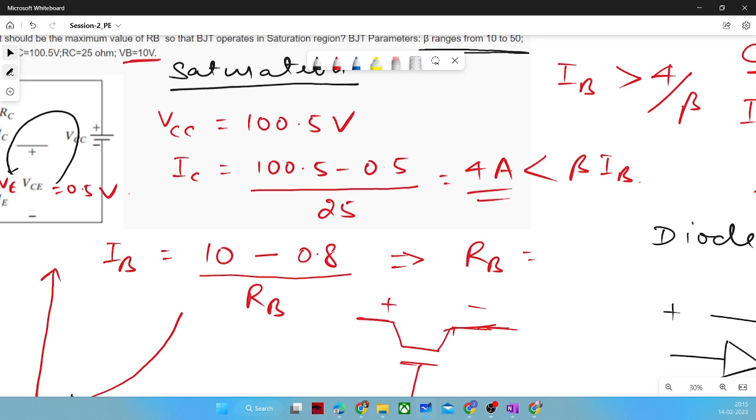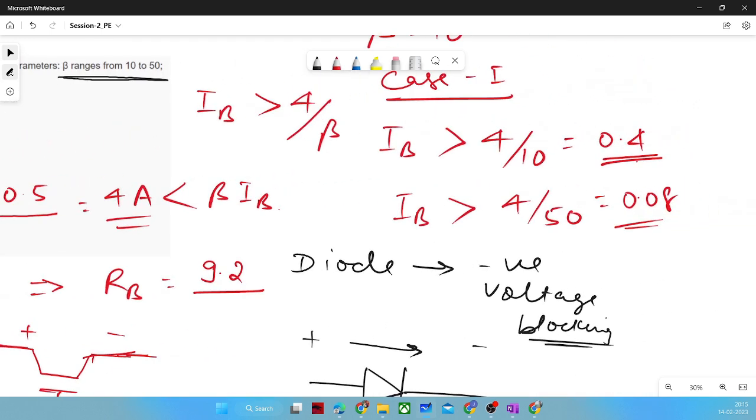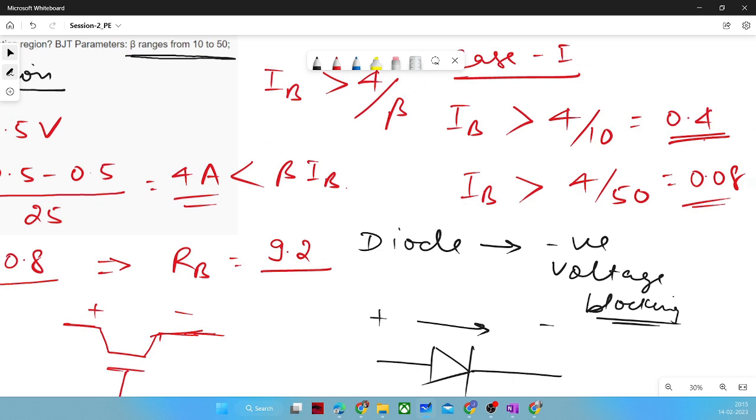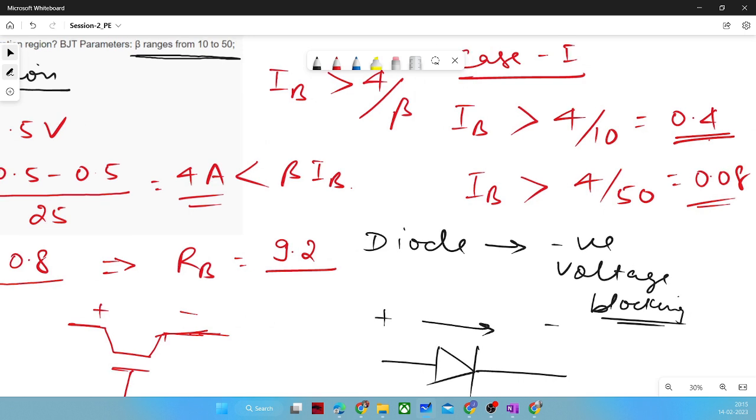IB anyway we have computed by the condition which is given in the problem, and it will be 9.2 divided by IB. How much we computed? That is 0.04. It should be minimum 0.04 so that your maximum value of resistance you will get, right? That you will get around 230 ohm. That should be in the range, I guess.